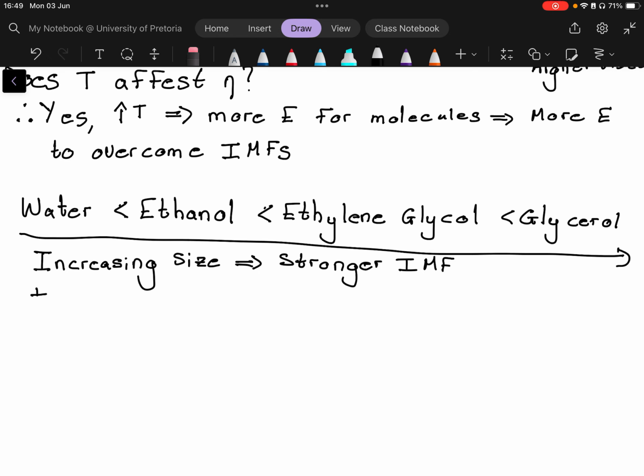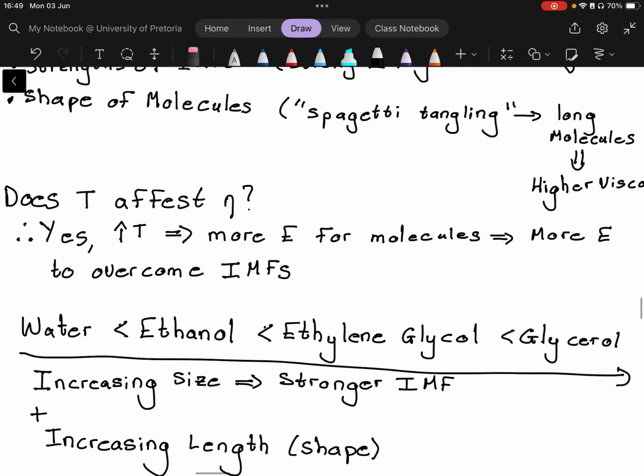the second thing that comes into play is the increase in length, or shape. So those were two factors.